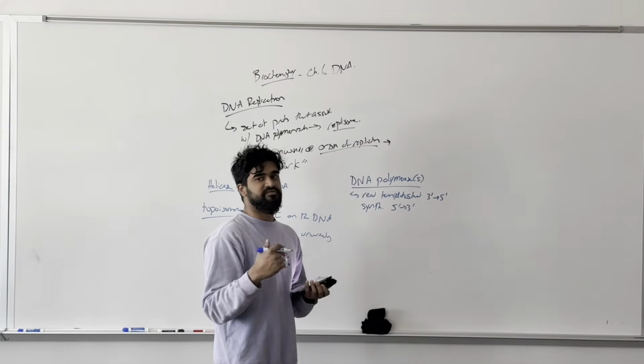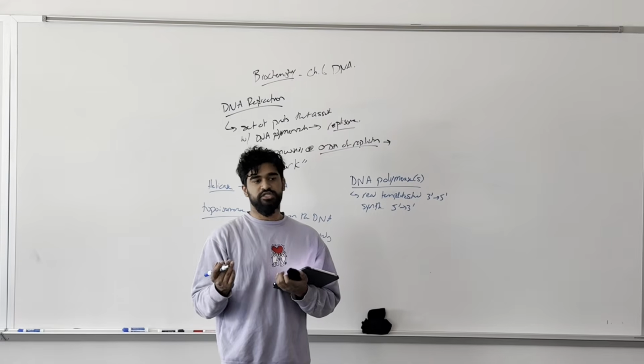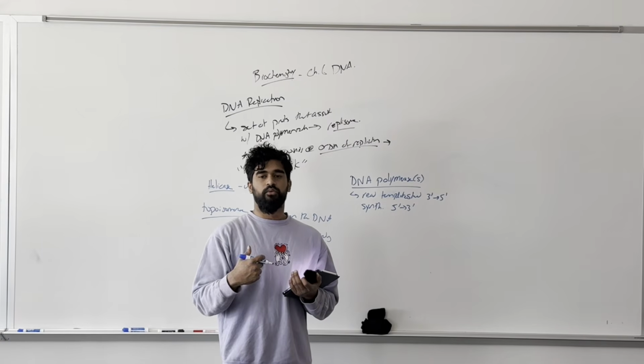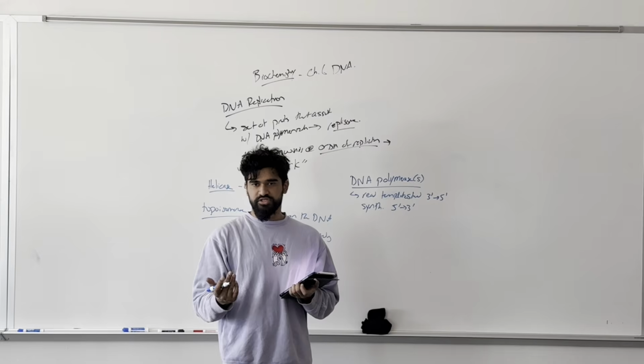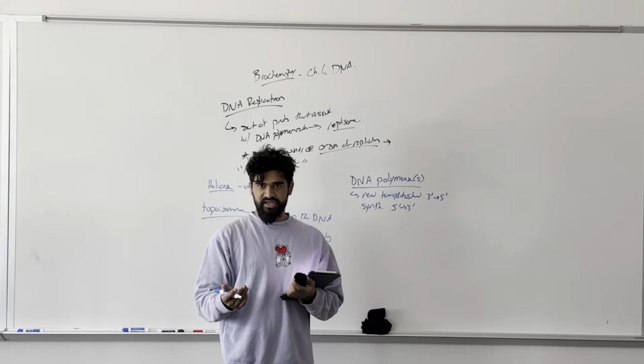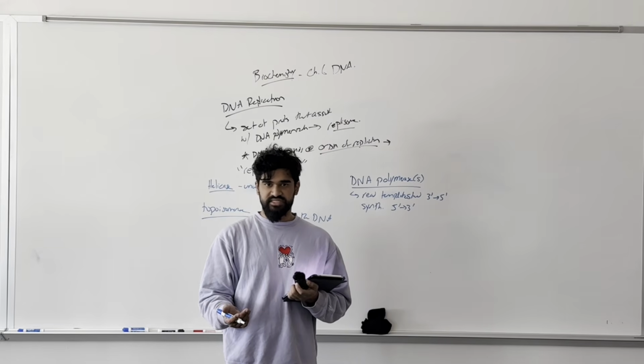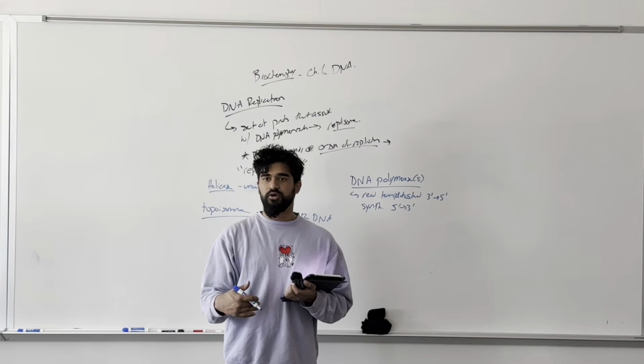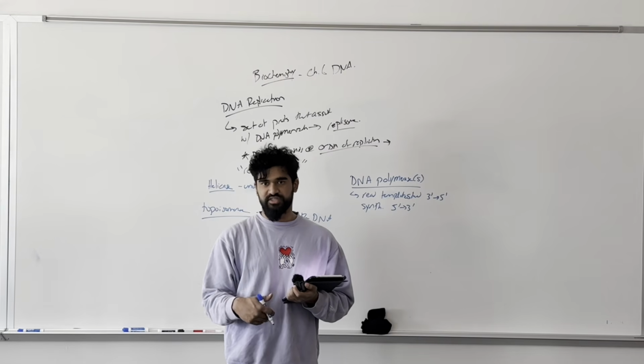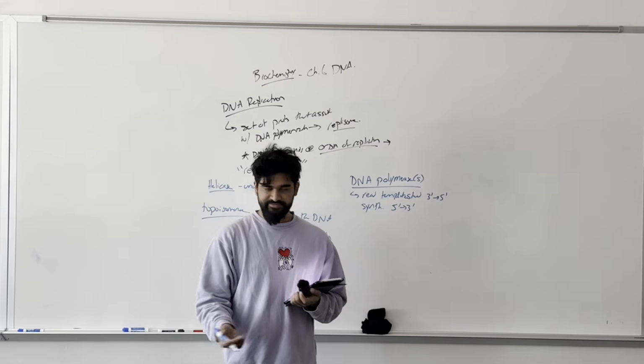This whole discussion of template strand, coding strand, non-coding strand, this is that. What is my recommendation on how to approach this? I have absolutely no idea. It's been 4.5 years since I've taken this exam. I didn't even know the proper way to approach this when I took the exam. Good luck.